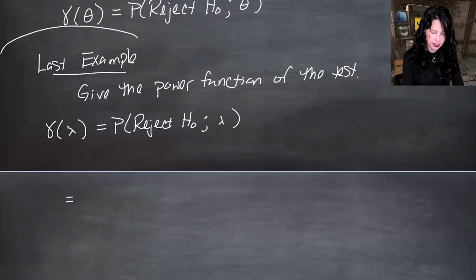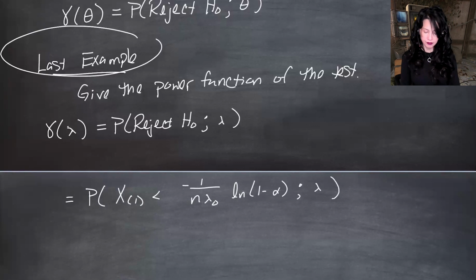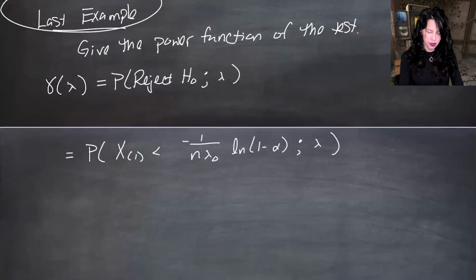Now, in our last example, our rejection rule was that the minimum is less than the negative of 1 over n lambda naught times the log of 1 minus alpha when the parameter is lambda. I'm going to put this with a different color. This is fine if you have an equal sign because this is a continuous random variable.